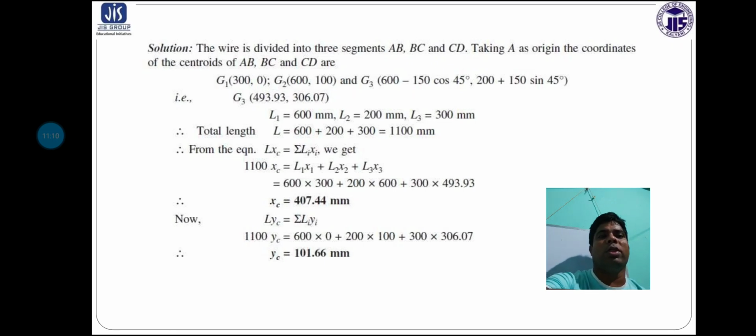Now L1 is equal to 600 millimeter, L2 is equal to 200 millimeter and L3 is equal to 300 millimeter.